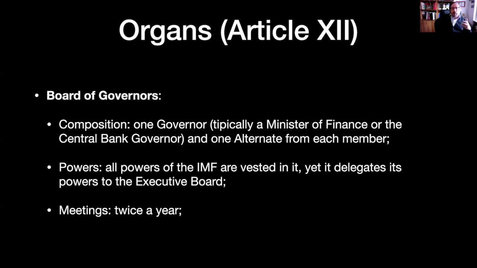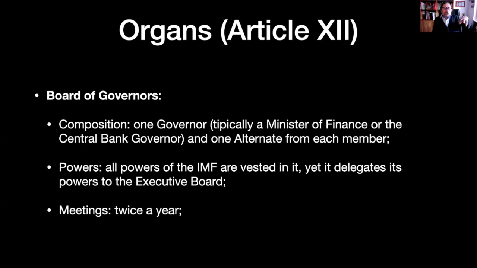The governor of the Portuguese Central Bank is the chairperson of the Portuguese Central Bank. So the Board of Governors includes one governor, who may be the Minister of Finance or the central bank governor, and then one alternate, so a deputy that will also take part in the delegation, one per member.